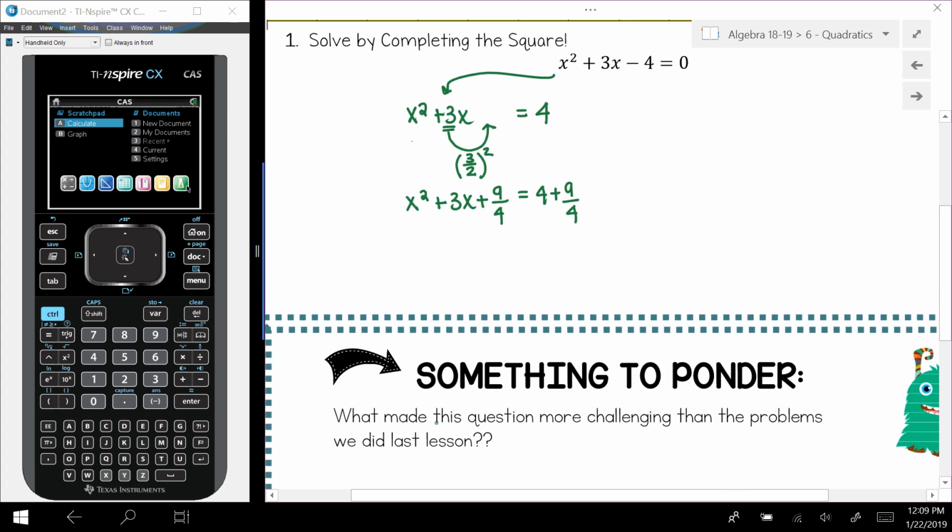What's making this question more challenging is the fractions added in here for no reason, really. We don't like completing the square with fractions. Well, actually, some people do. 4 plus 9/4, trust me on this, is 25/4.